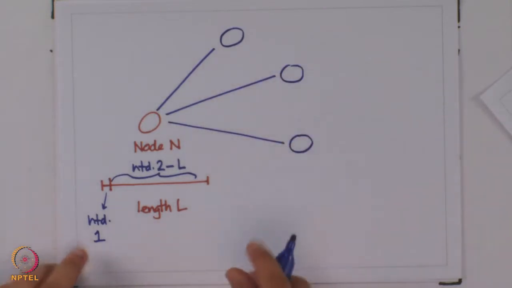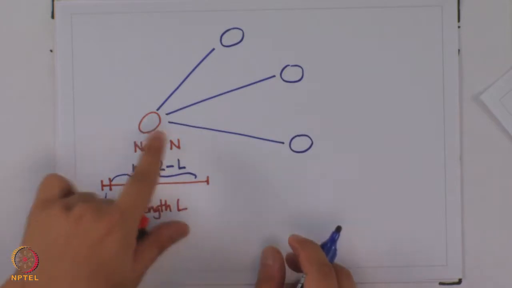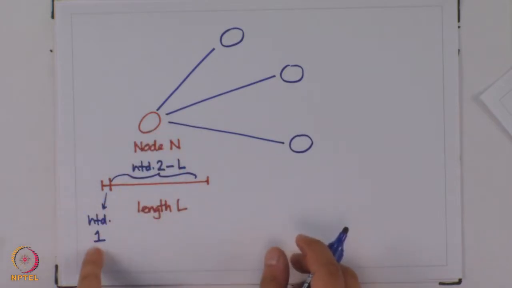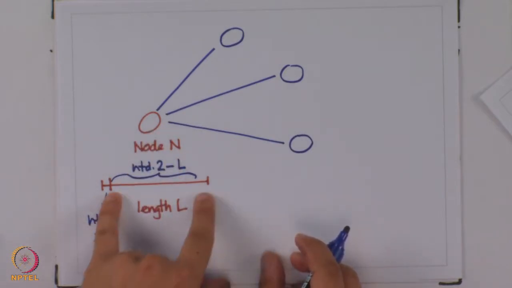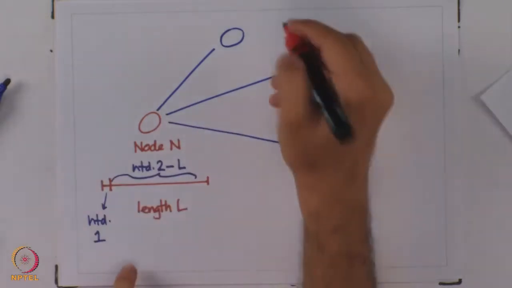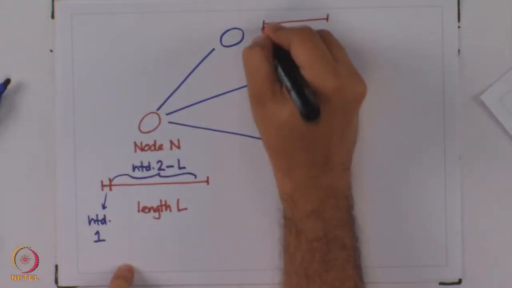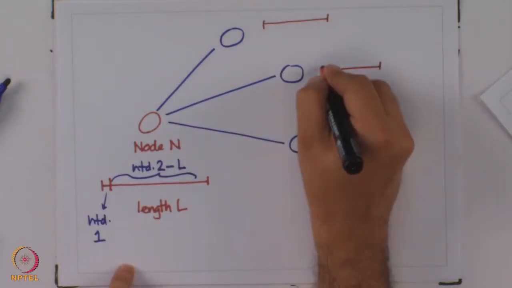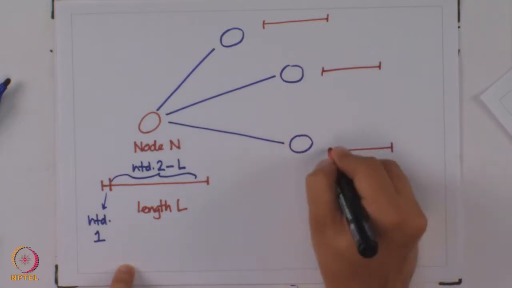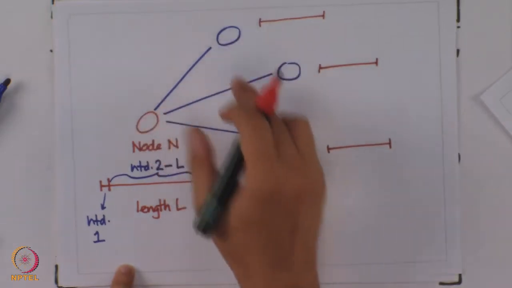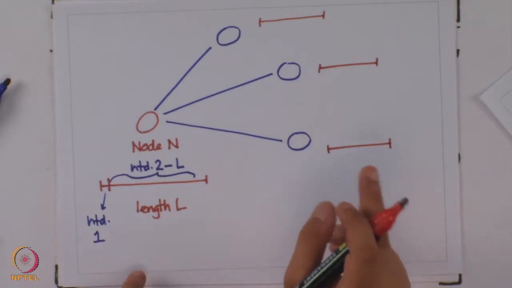And the 3 will be because I am not free for the neighboring nodes. If the difference is at nucleotide position 1, the neighboring nodes do not have any choice when it comes to nucleotide position 2 to L. They have to take on the same sequence which node n that we are talking about has, because this node and this node only differ at one nucleotide position.